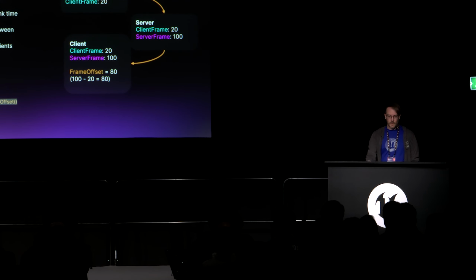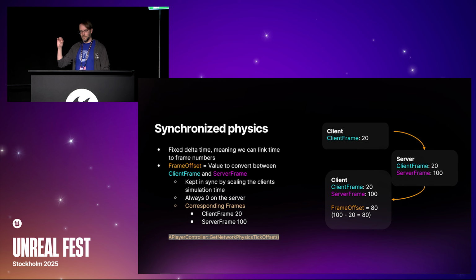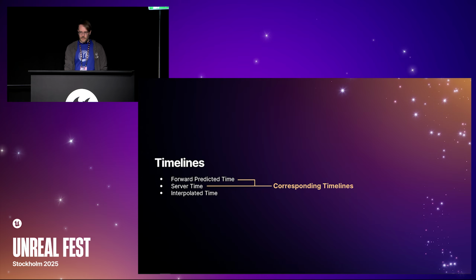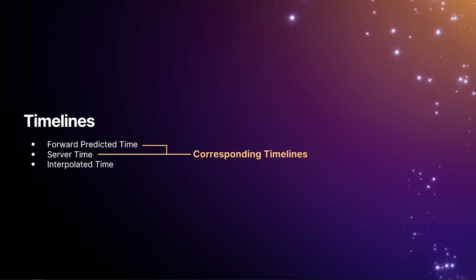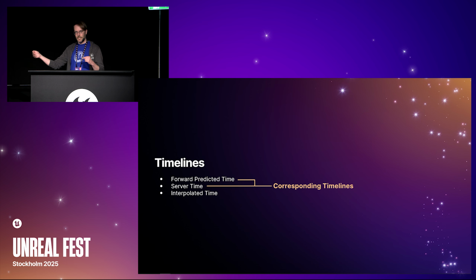But this means then that we have corresponding frames between client and server. If you look at the state of client frame 20, it should be equal to the state of server frame 100. And that brings us into timelines, because then we have corresponding timelines between client and server. When you press forward, you start moving forward. You act then in your forward predicted timeline.